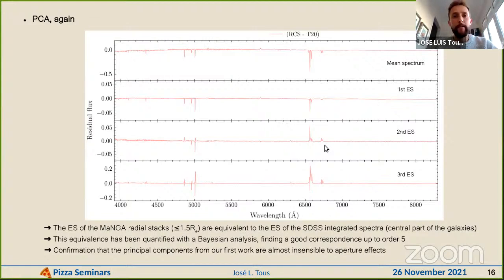And we have quantified this equivalence using a Bayesian approach, and we have found a very good correspondence up to order 5. This also proves that in our first approach, the aperture effects were minimal, because before we were using a single fiber with a finite aperture, and now we are using the light from more surface of the galaxies.